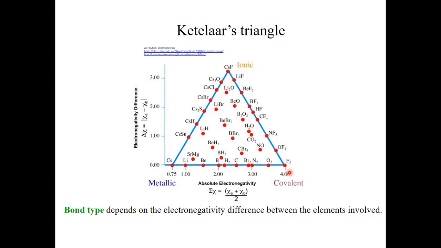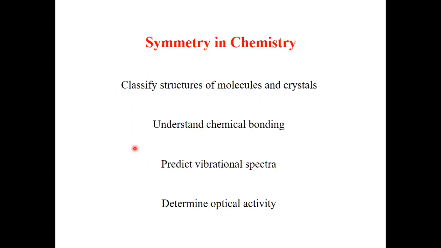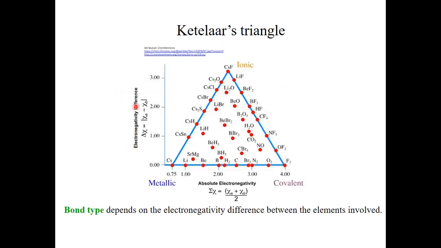So generally, we can make a completely covalent bond because the electronegativity difference can be zero, but we cannot make a completely ionic bond because the electronegativity difference is always finite. It cannot be infinitely large. Therefore, even for the most ionic compound, we still have some degree of covalency and electron sharing.